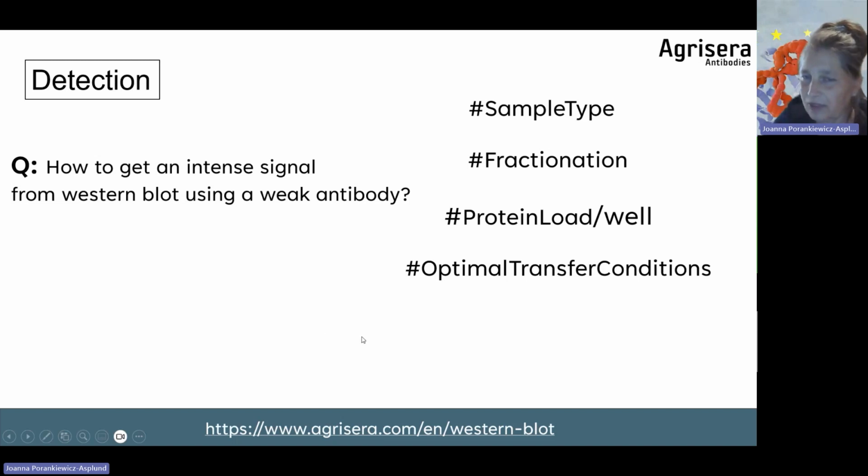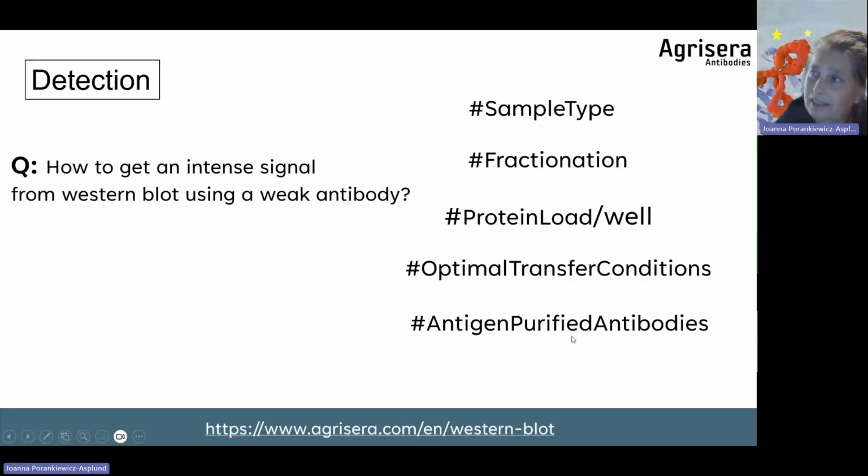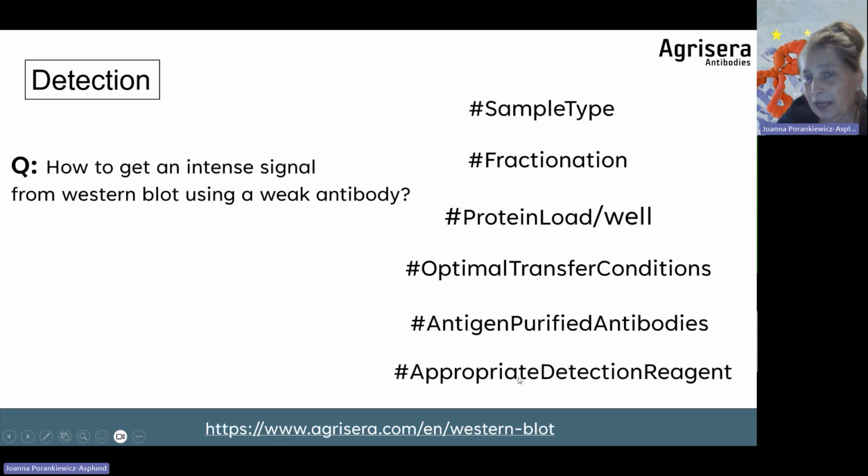You always have to consider the biochemical properties of your protein, its molecular weight, and adjust the protocol accordingly. Also, antigen purified antibodies are of advantage for different techniques, and you have to use an appropriate detection reagent. As I mentioned previously, chromogenic detection is not suitable for transcription factors.